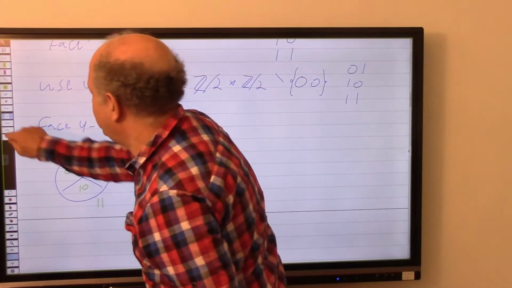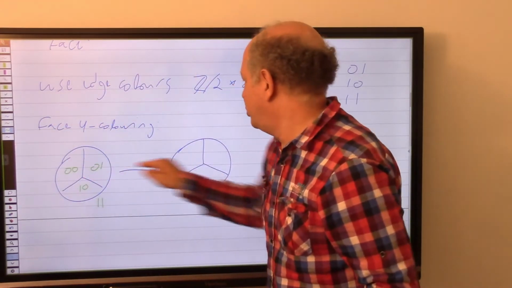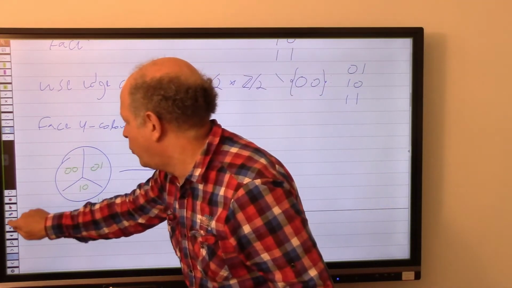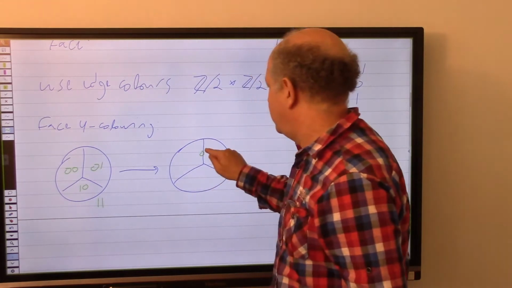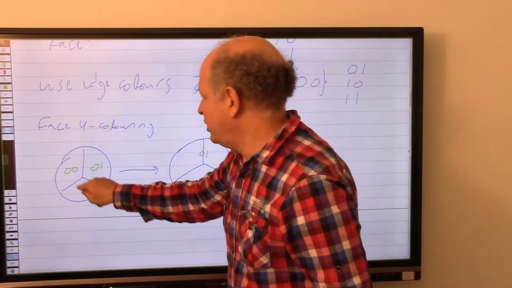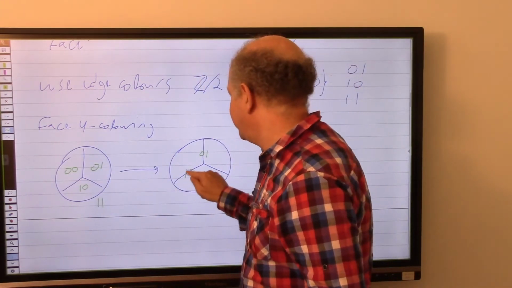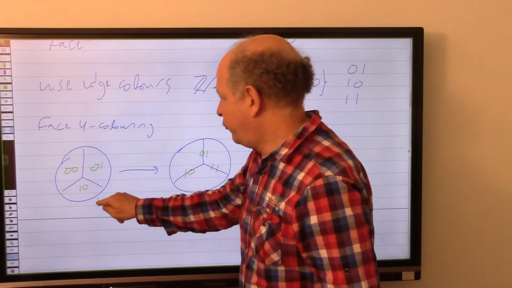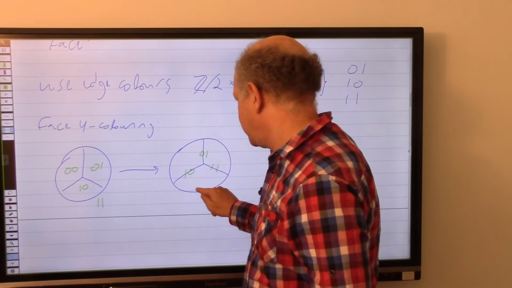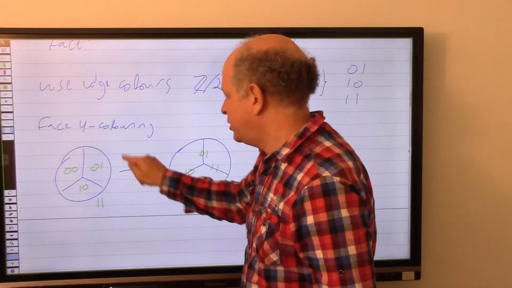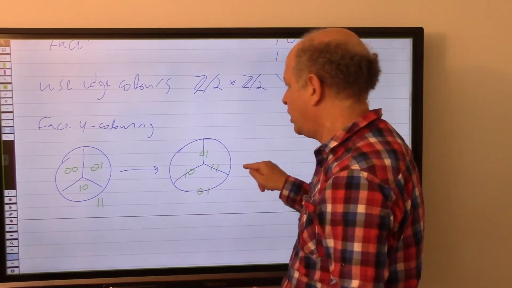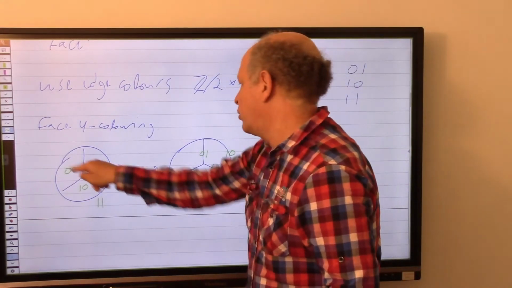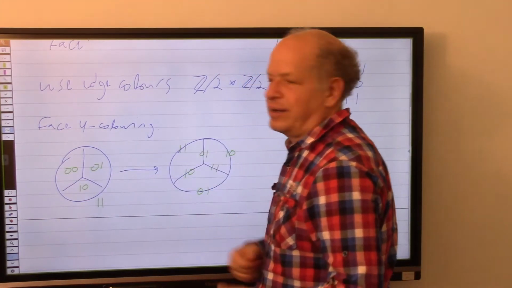Okay, so if I do that, the difference between these two is 0, 1. The difference between these two is 1, 0. The difference between these two is 1, 1. The difference between these two is 0, 1. The difference between 0, 1 and 1, 1, the infinity one, is 1, 0. And the difference between 0, 0 and 1, 1 is 1, 1.